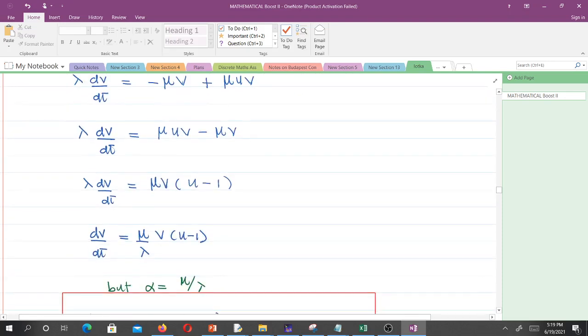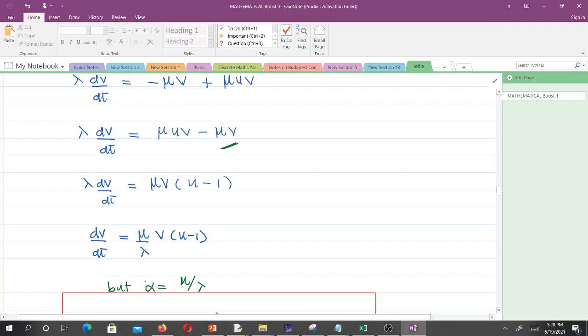Alright, and we can factorize mu v out here, and we get lambda dv/d tau will be equal to mu v (u minus 1). And when we divide through by lambda, we'll get dv/d tau will be equal to mu over lambda v times (u minus 1), right?